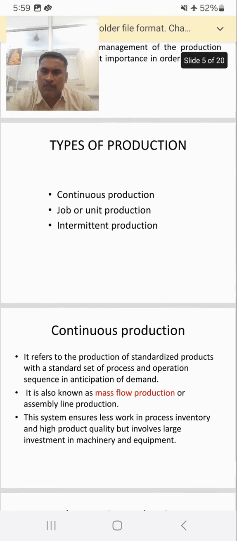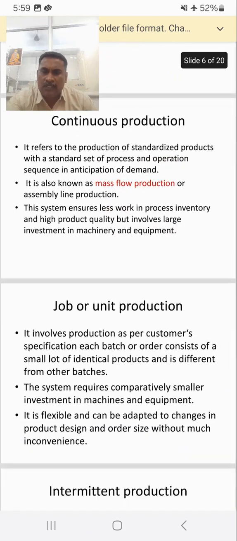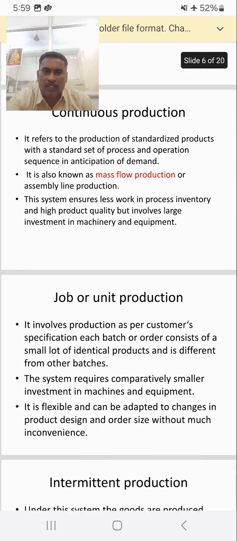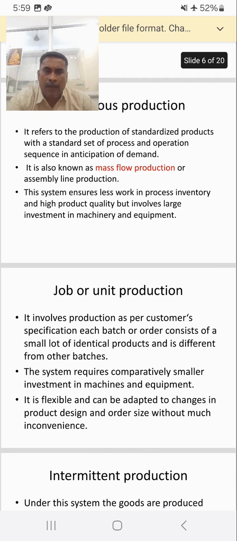Going to job production itself, it is called unit production. The product is produced only once, like shipbuilding and aircraft building. The product will be manufactured for one order, planned specifically and manufactured for a single order, which is called job order or unit production.